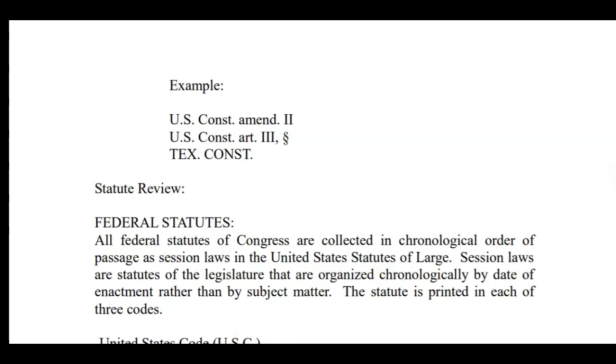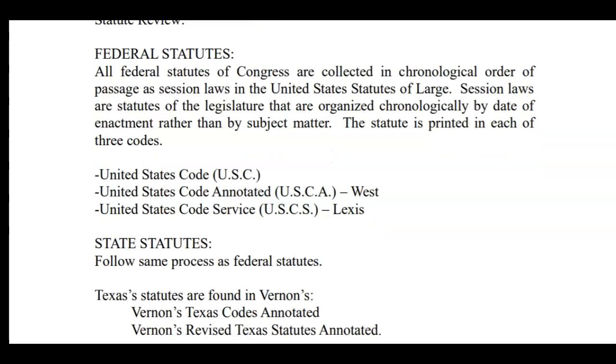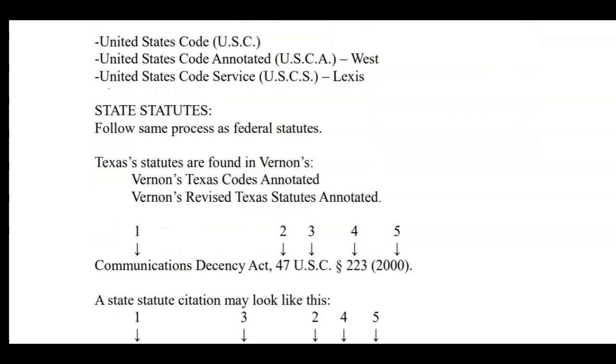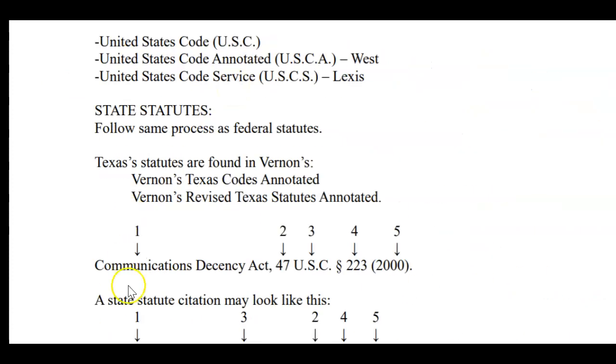What about state statutes and federal statutes? We're just going to take a look at the most common form. As with cases, your statutes have official and unofficial publications. You want to always cite to the official version of your federal statutes, which is your U.S. Code.